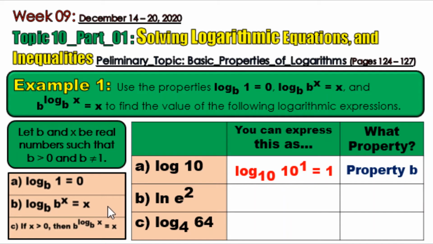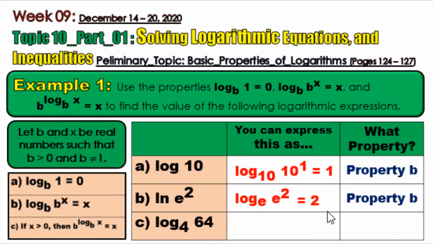Next, we have ln e squared. Remember, this is a natural logarithm whose base is equal to e. So we can express this as the logarithm of e squared to the base e. Now we have base e and the same base for the exponential expression. According to property B, the answer is the exponent.